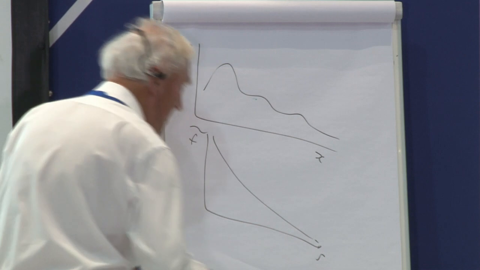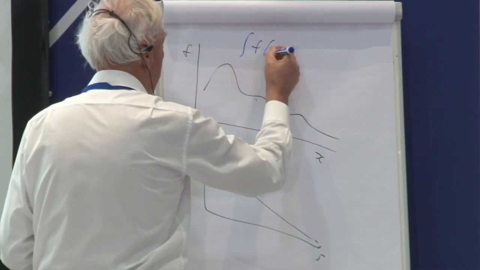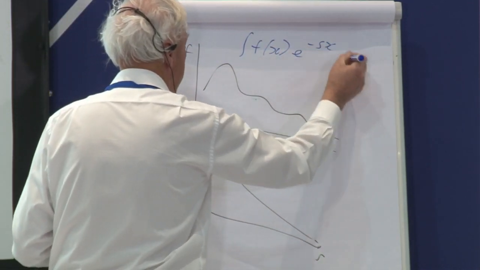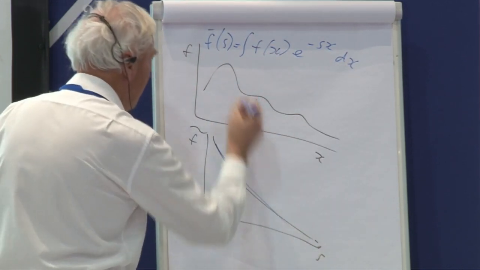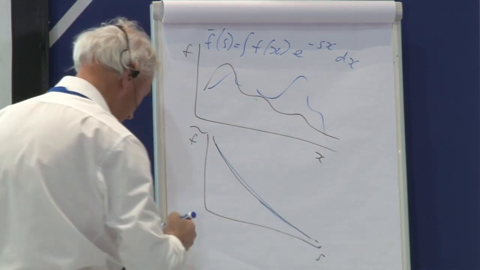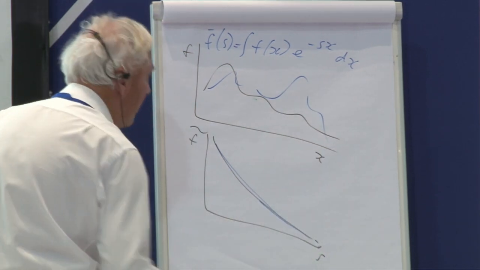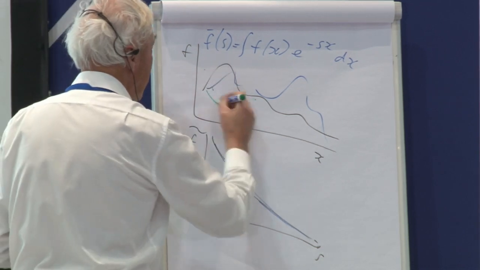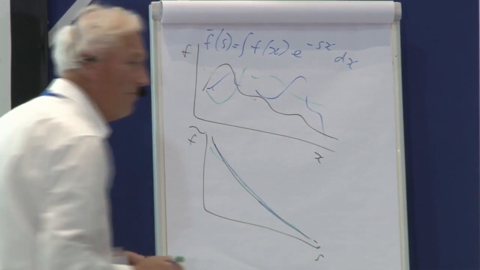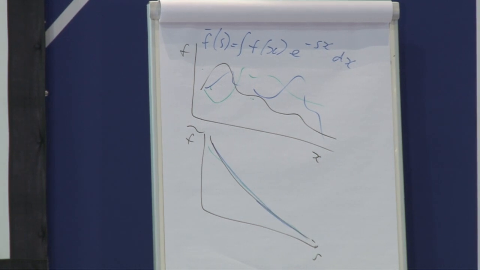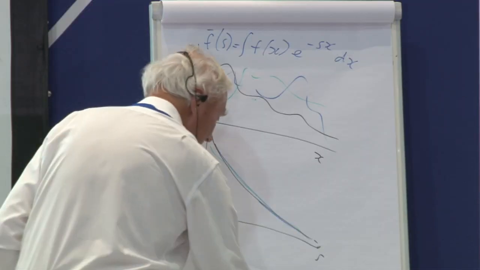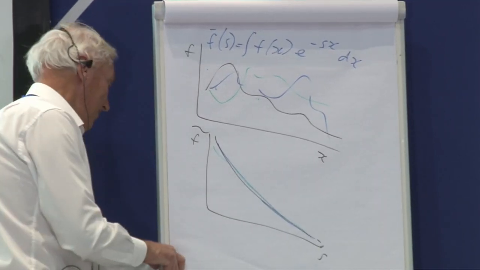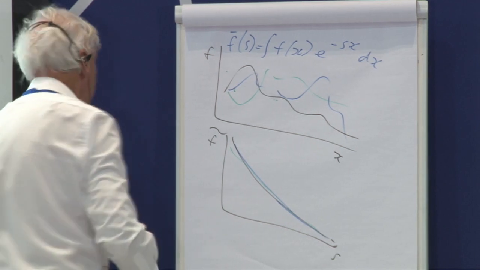They're decaying curves. You're doing integral f of x e to the minus sx dx, and that's the transform as a function of s. There's differences in detail, but they all look the same, and so you can't go back. It's very, very ill-posed. It's the classic ill-posed transform. So it's numerically terrible news.